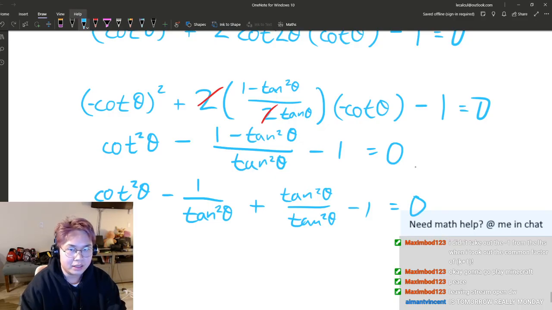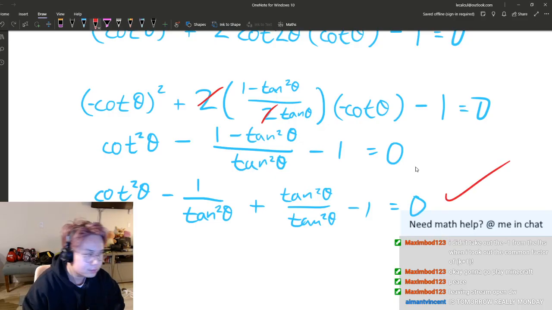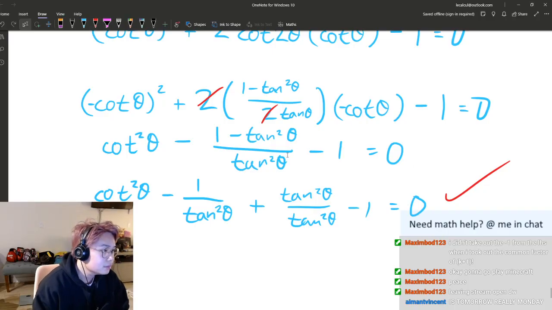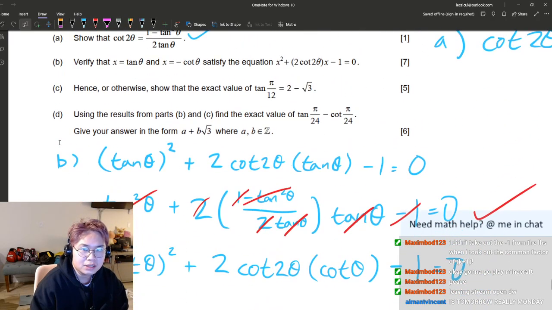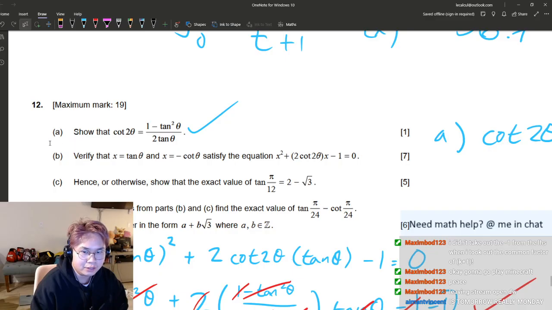And then, yeah, everything works. So we have shown and verified that these are solutions.